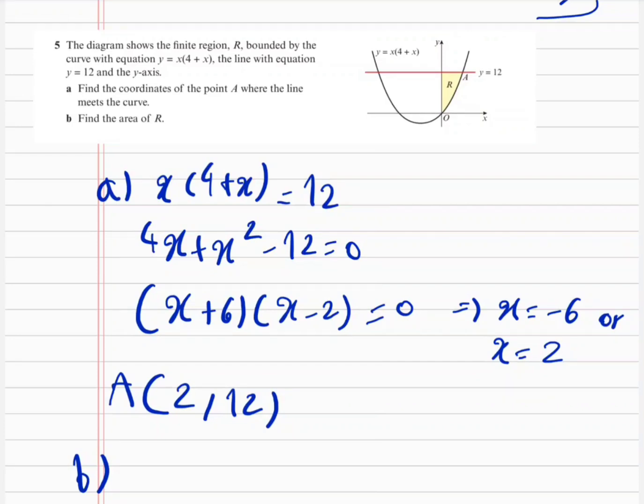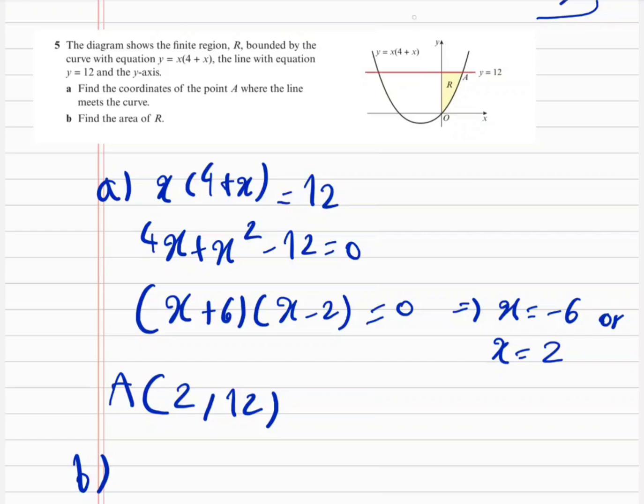So we want to find the area of R, but we should be very careful because this diagram is different to the previous questions that we've had. So we just need to go back and think about the meaning of area under the curve first, and then we can solve the question.